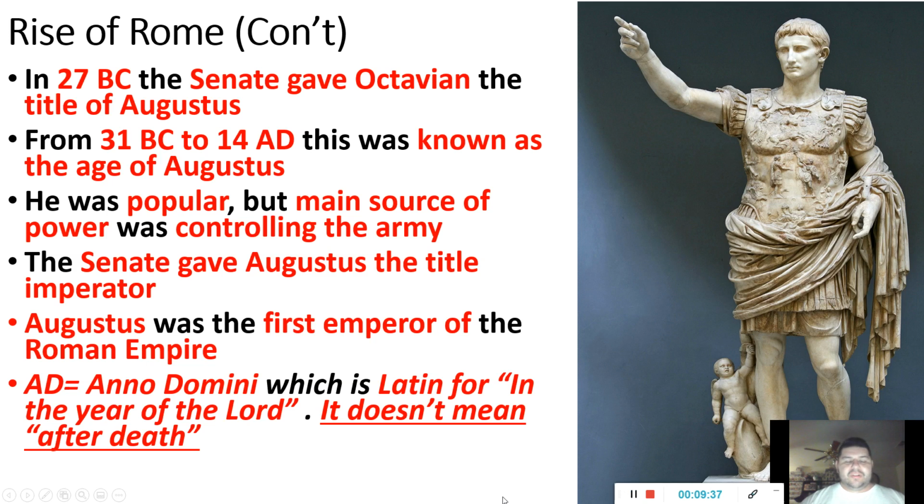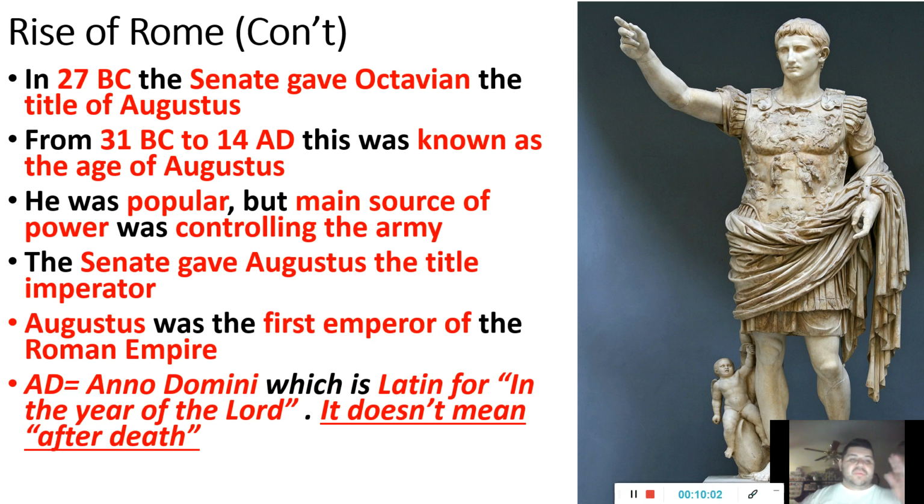So 27 BC, the Senate gave Octavian the title of Augustus. Now Augustus is a new title. Basically, that's what they're calling him, the leader. So from 31 BC to 14 AD, this is known as the age of Augustus.